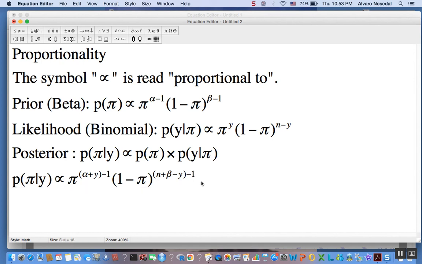And again, when we see that, we go, oh, let this be alpha star, let this be beta star.